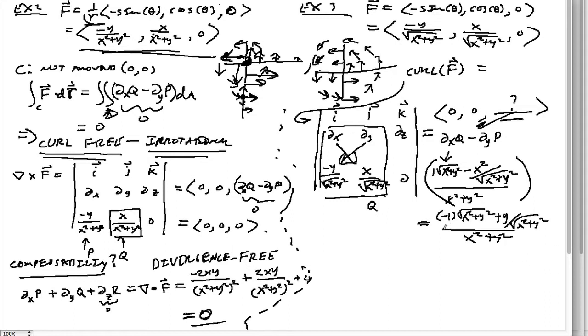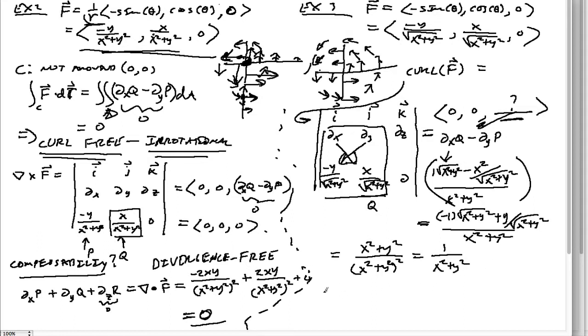Now when you do the math on this, you have to rationalize some denominators and do a bunch of stuff, but what you end up with is x squared plus y squared all over x squared plus y squared quantity squared, which becomes 1 over x squared plus y squared.